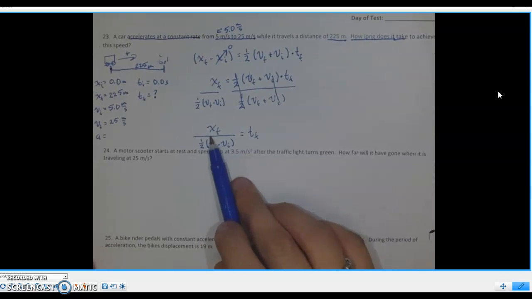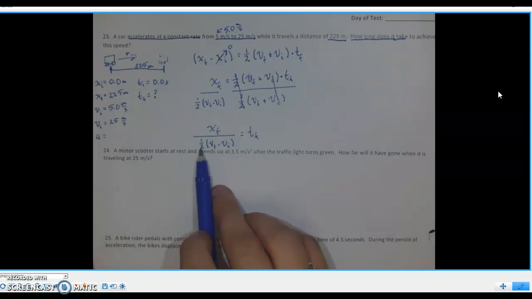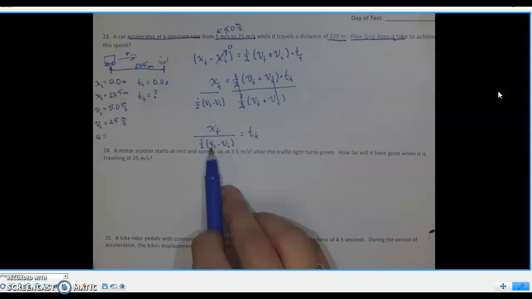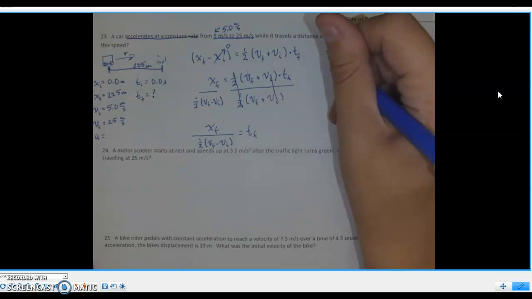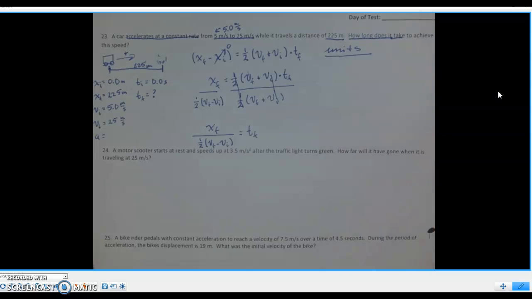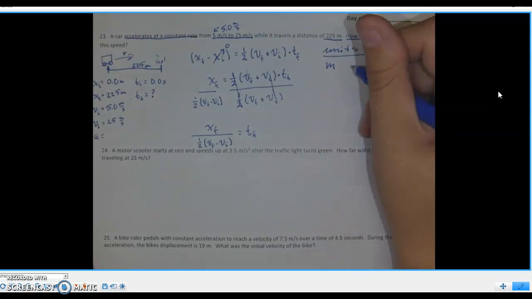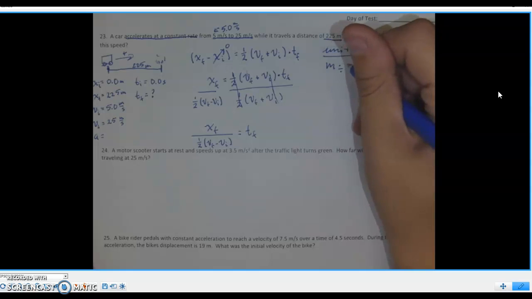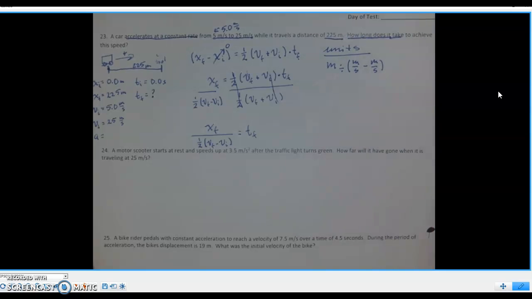X final is in meters, and I'm going to divide that by 1/2, which is unitless, times velocity final, which is meters per second, plus velocity initial, which is meters per second. Okay, so my units, I'm taking x final, which is meters, and I'm going to divide that by meters per second plus meters per second.